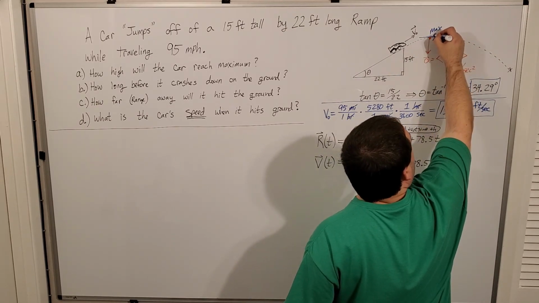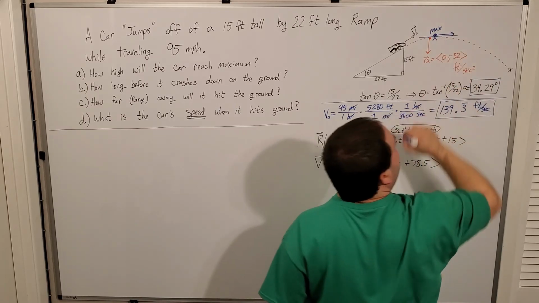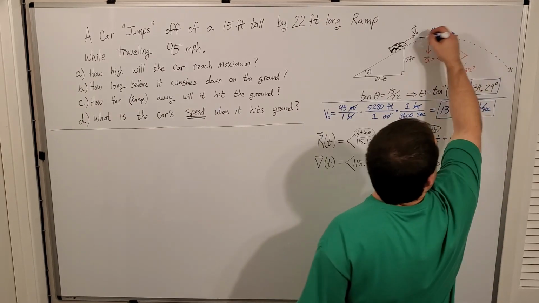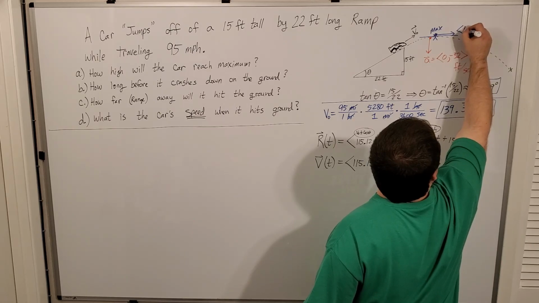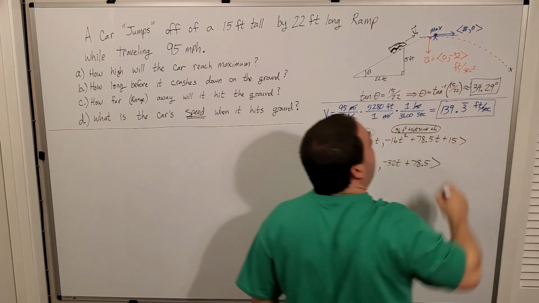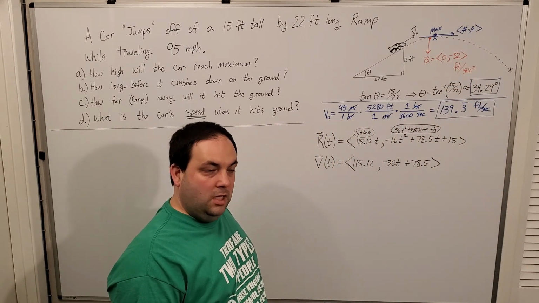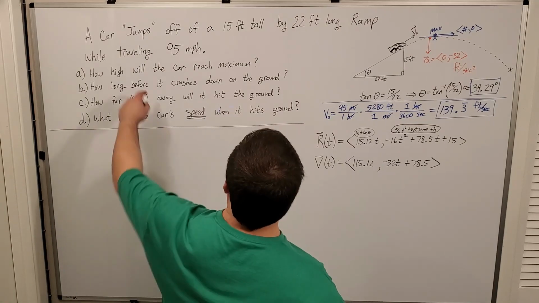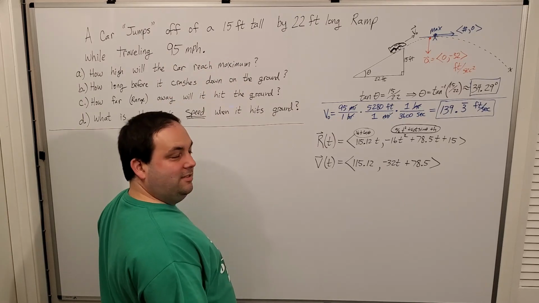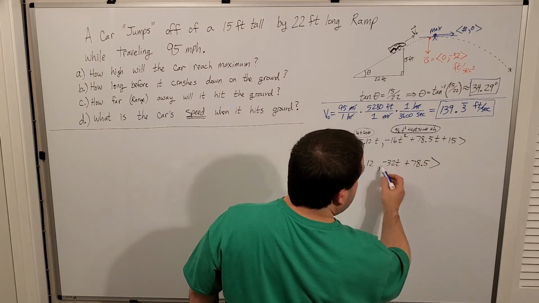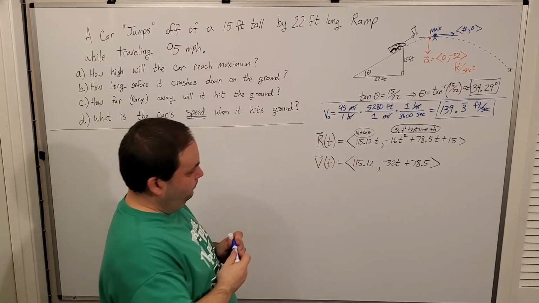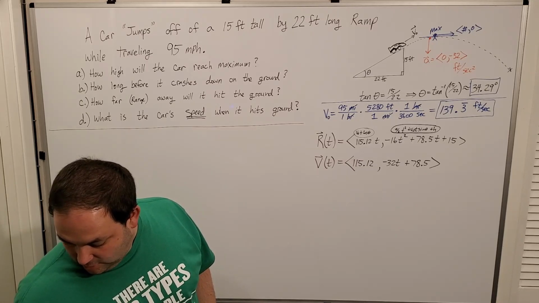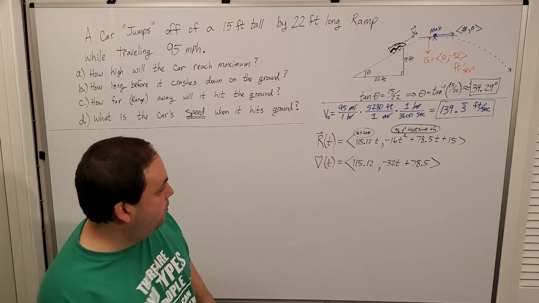The vector pointing this way would have to be some number, comma, 0. That's the only way it's going to be horizontal. So if we're looking for the maximum point, then this needs to be equal to 0. So that's our next point right here.